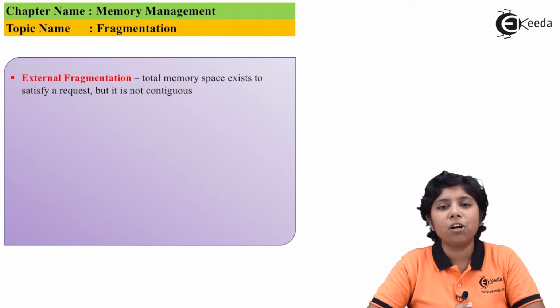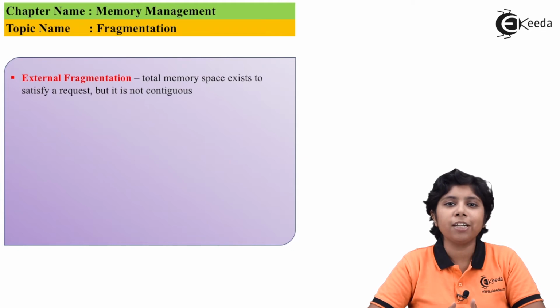Statistics from these systems tell us that if there are n allocated processes, then another 0.5 n blocks are lost to external fragmentation. So one third of the memory is wasted because of this fragmentation. This is known as the 50% rule.